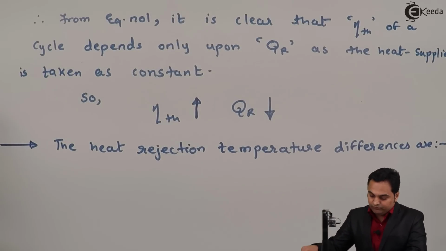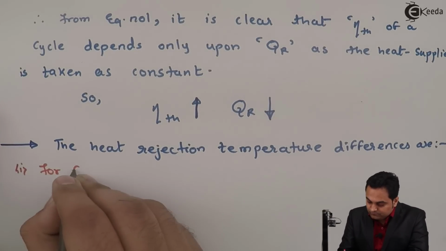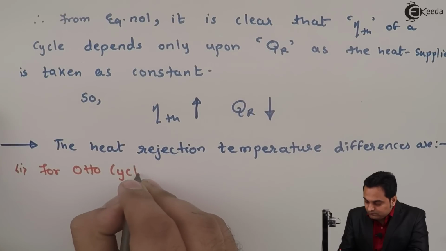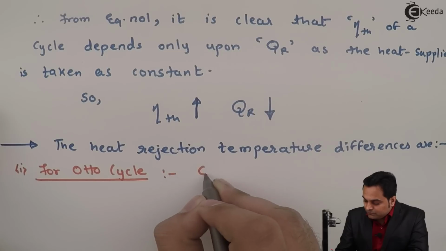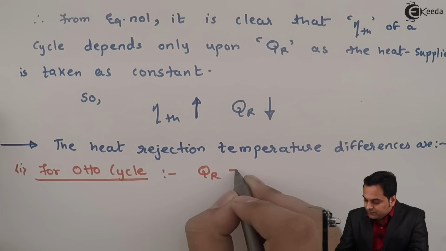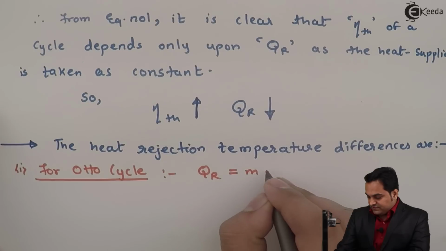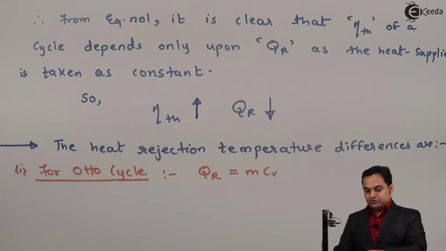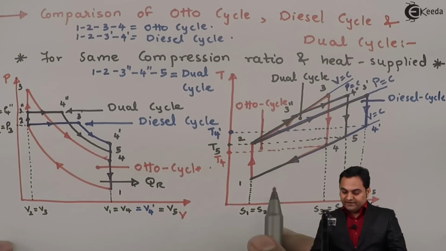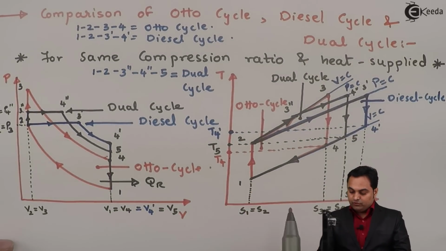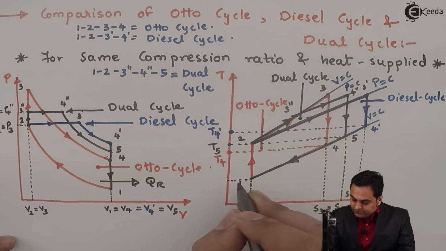First of all, for Otto cycle, the heat rejected QR is equal to mCV, that is the heat is rejected at constant volume, and the temperature difference, as we see for Otto cycle denoted in red, is T4 and the initial temperature is T1.